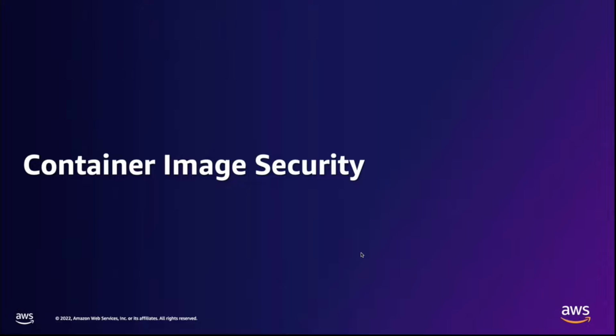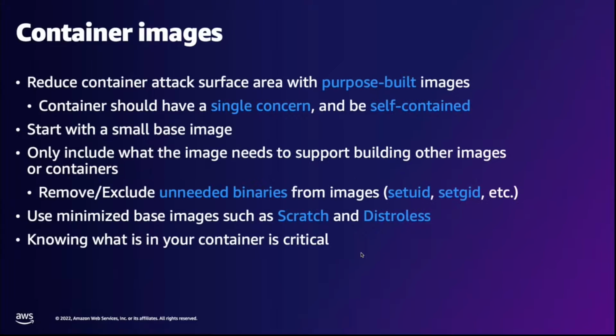So let's drill down into this. When it comes to container images, first and foremost, you should know what dependencies you are putting in your containers, right? If one of them is vulnerable, your whole container is going to be vulnerable as well.